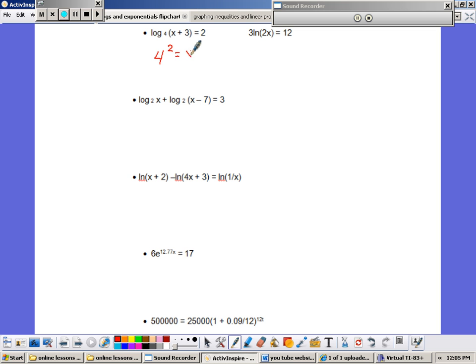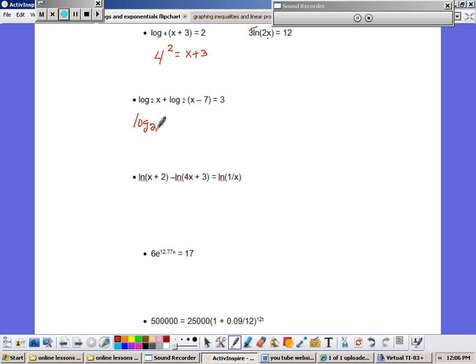4 squared equals x plus 3. This is the exponent, this is the base, so 2, and that's the answer. Exponent, I have to divide first. So we're going to hold on to that one because that has more steps. Let's put this together.